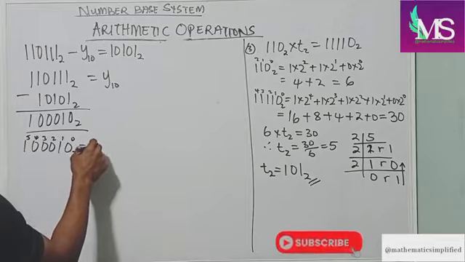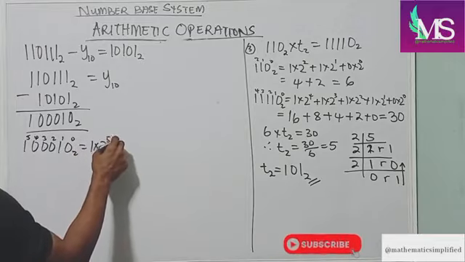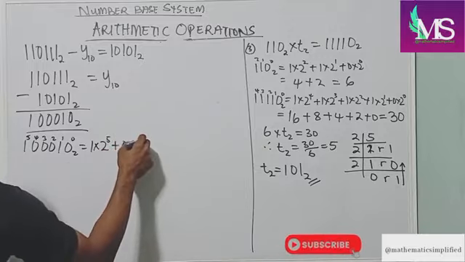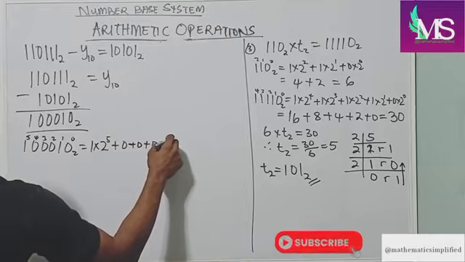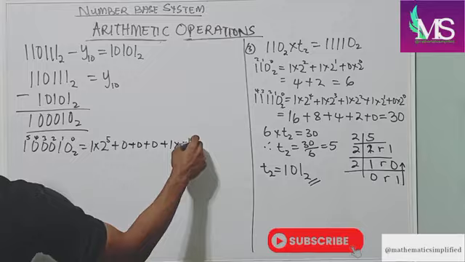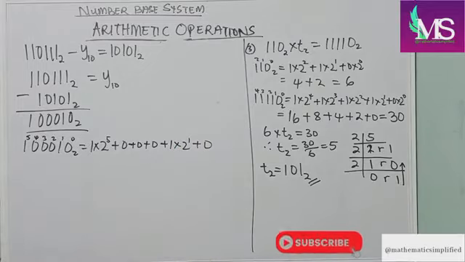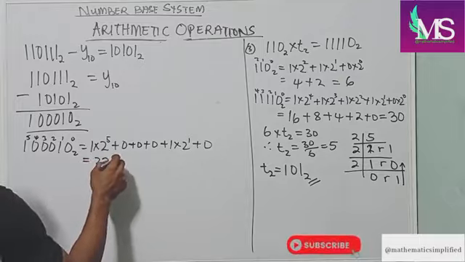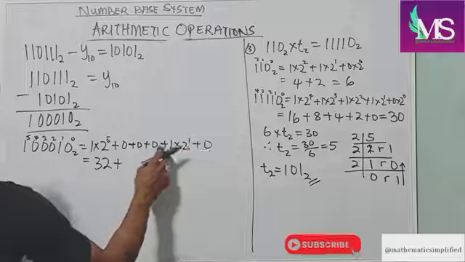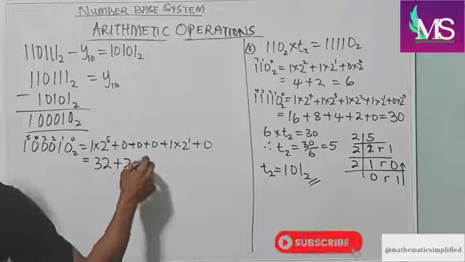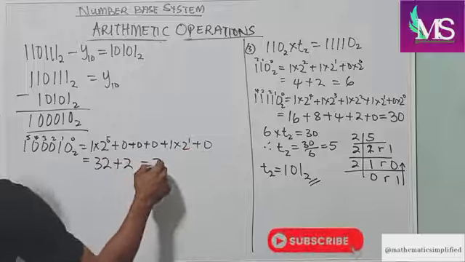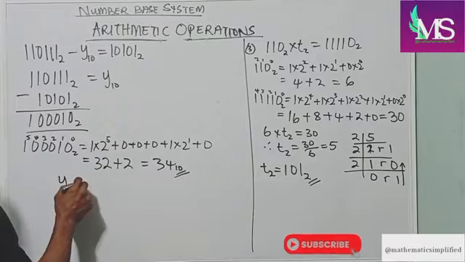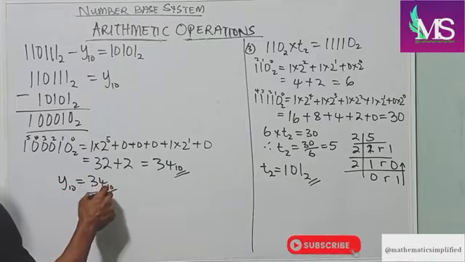This becomes 1 times 2 raised to the power 5 plus 0 plus 0 plus 0 plus 1 times 2 raised to the power 1 plus 0. So 1 times 2 raised to the power 5 is 32 plus 2 times 1, 2, which gives us 34 base 10. So our y base 10 equals 34 base 10.